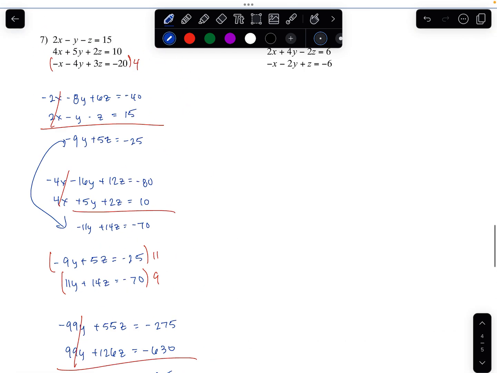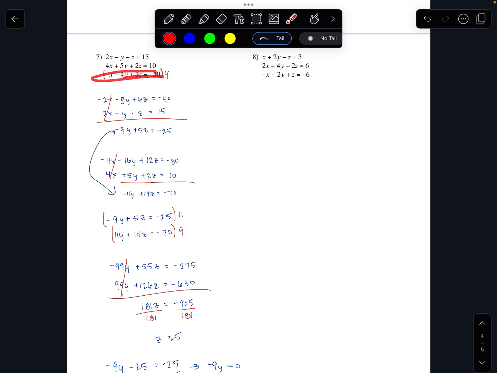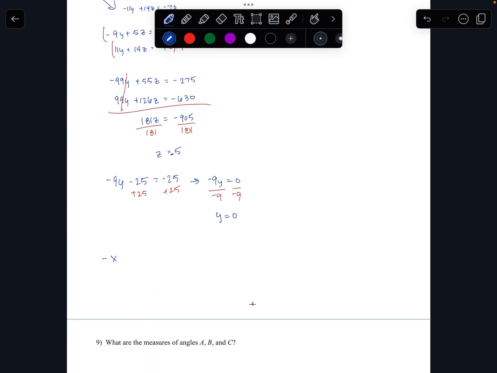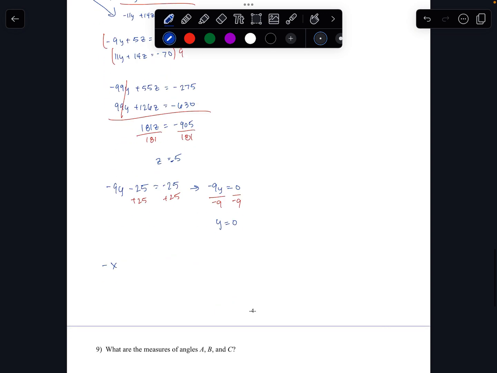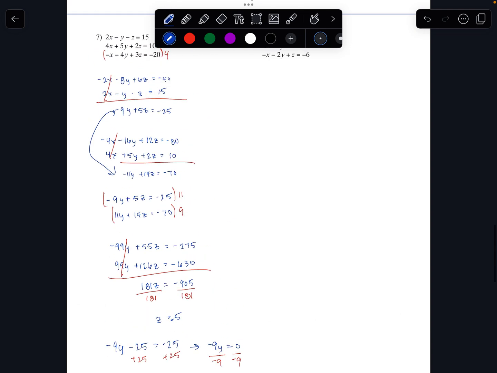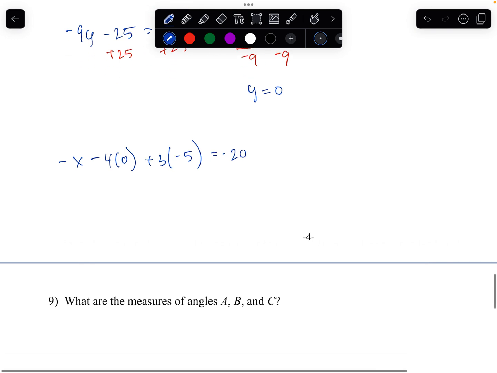Go back up here. Let's take the bottom equation right there. So, that's a lot of space I've used. So negative x minus 4 times 0 plus 3 times negative 5, and that's equal to negative 20. So negative x, that's gone.